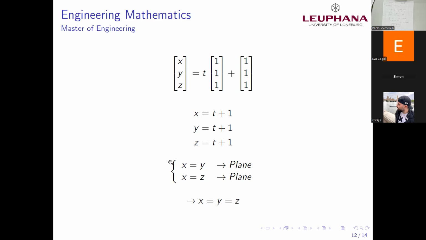If you remember from gymnasium, this symbol, as I told you, I didn't put here, but try to imagine: these three conditions must hold together. These two conditions came from those three, so these two conditions must hold together. This line, x equal y equal z, is the intersection of two planes.